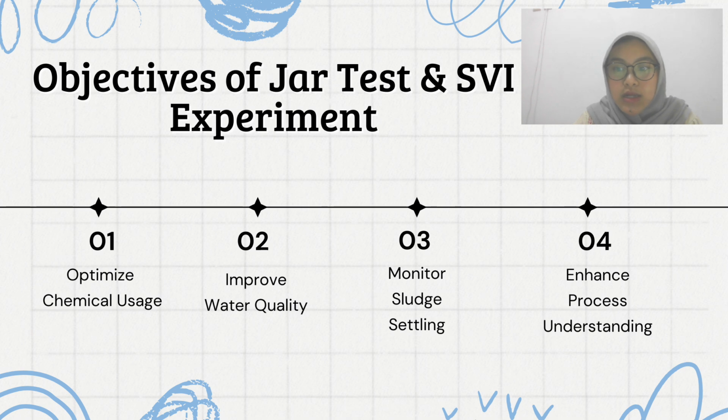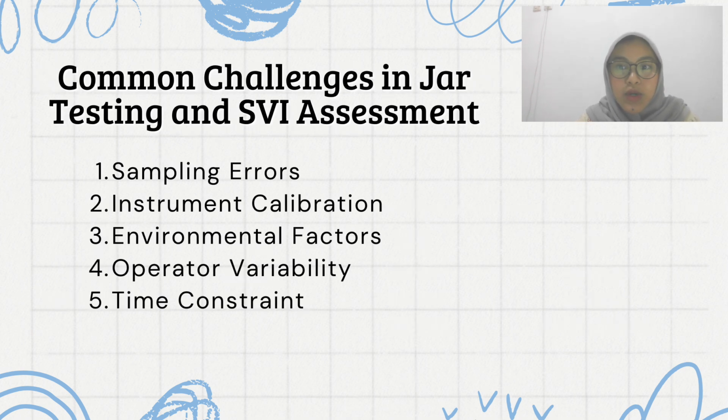Enhance process understanding. And then next, common challenges in jar testing and SVI assessment. 1. Sampling error. 2. Instrument calibration. 3. Environmental factors. 4. Operator variability. And 5. Time constraint.